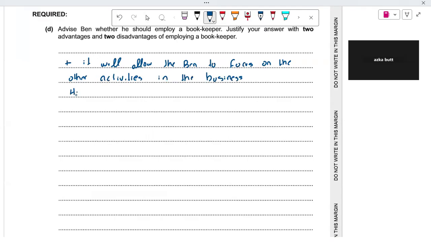However, the salary of $18,000 Ben has to pay will lower Ben's profitability.